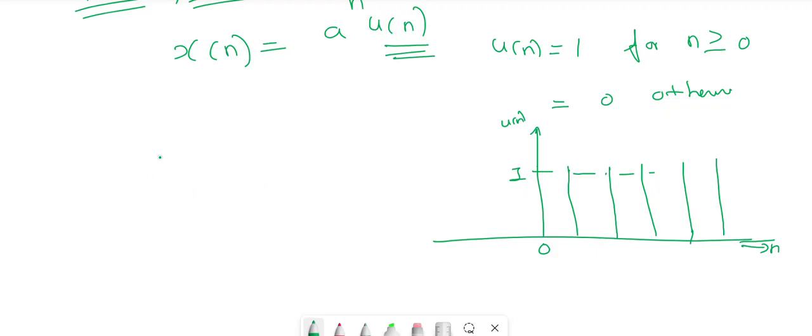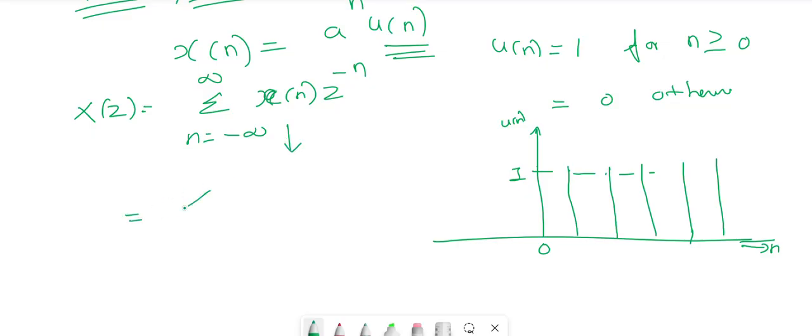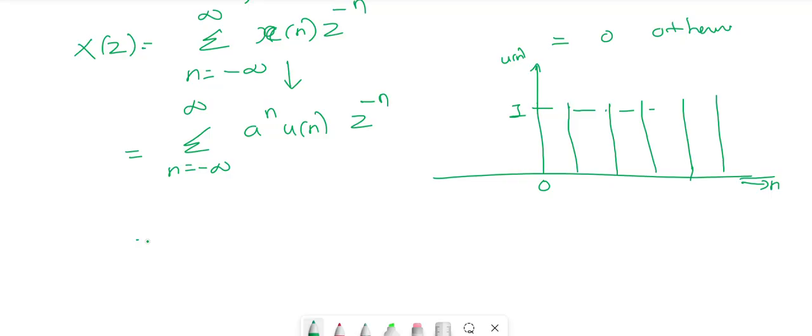Now determine X of z. The summation from n equals minus infinity to plus infinity of x of n into z power minus n. Here x of n is a power n into u of n, so the summation runs from 0 to infinity, where u of n becomes 1.